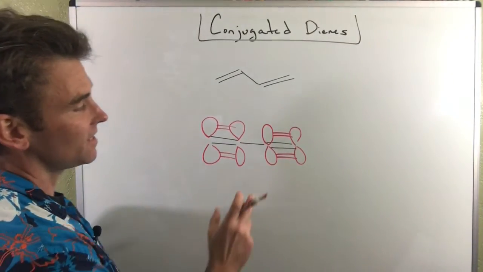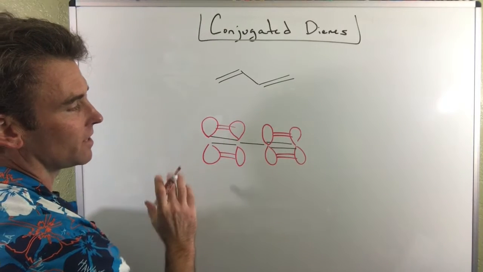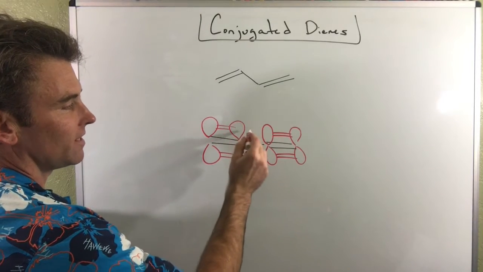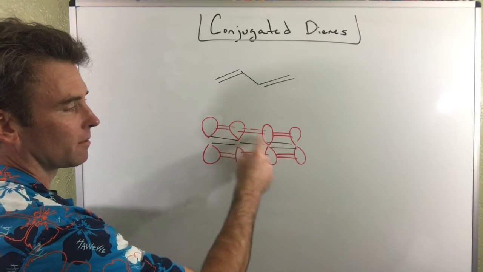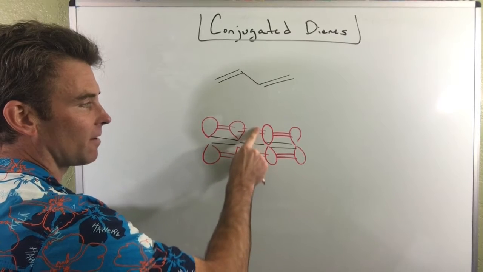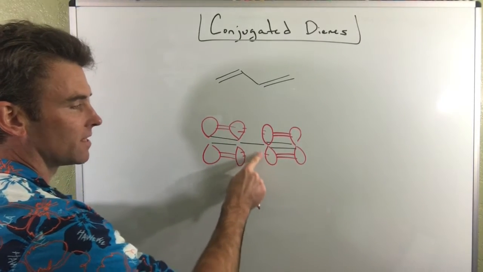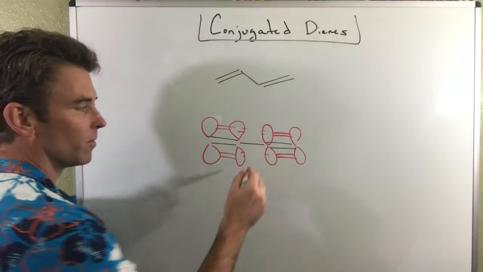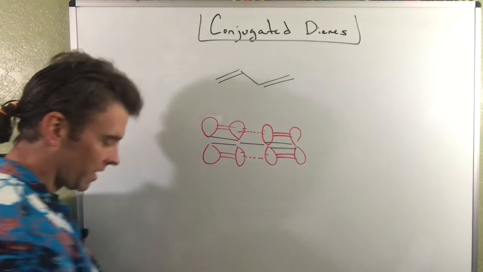The thing is that for that single bond in the middle, in this kind of system, there is a fairly substantial overlap between this pi system right here. So really what we have is not this isolated system that looks like this, but a system where electrons can jump through this, we'll put it as a dash, because it's a little bit weaker.